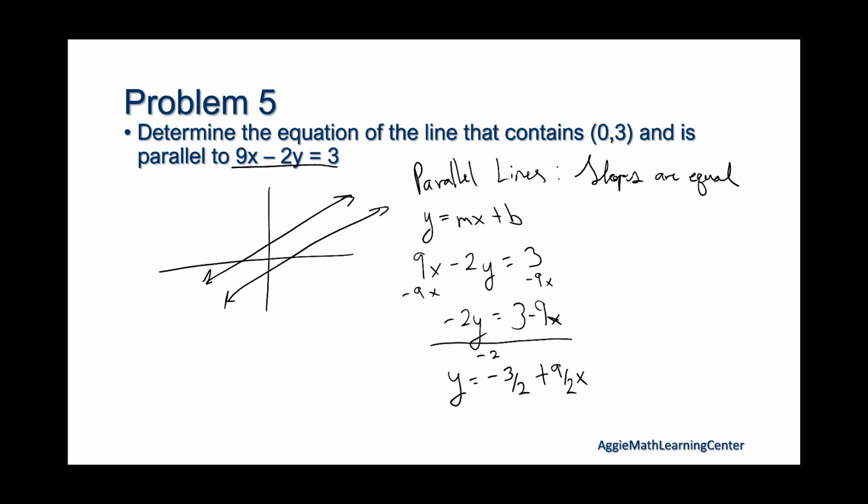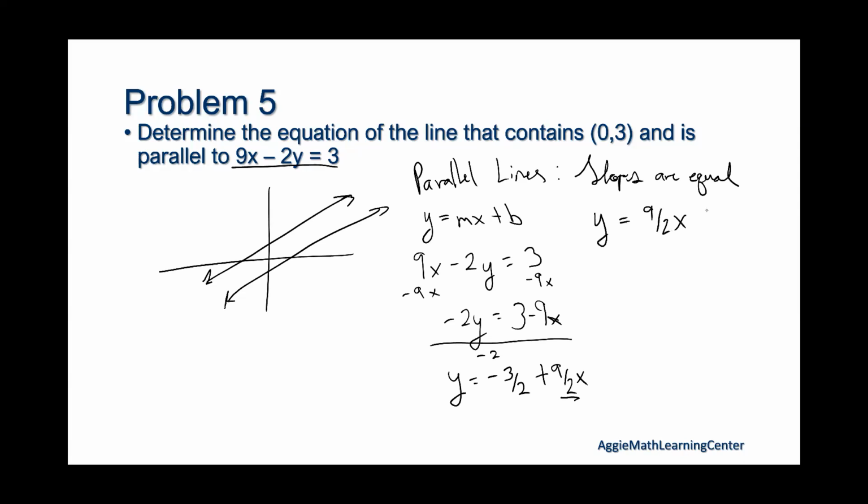So we solve that out, and we eventually end up with y equals 9/2 x minus 3/2. So that tells us that our slope is 9/2 for this line that's parallel to the line we're interested in. And like we said before, if the two lines are parallel, their slopes are equal. So we are looking for a line that is going to have a slope of 9/2.